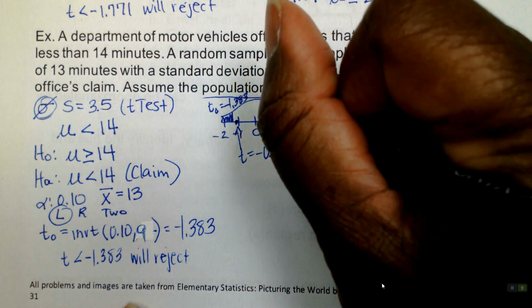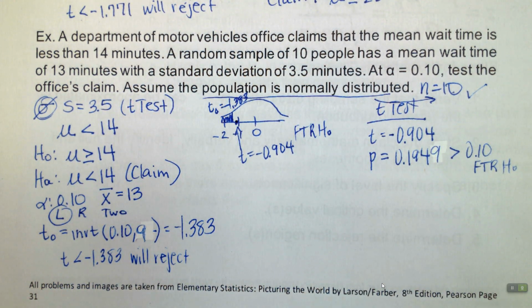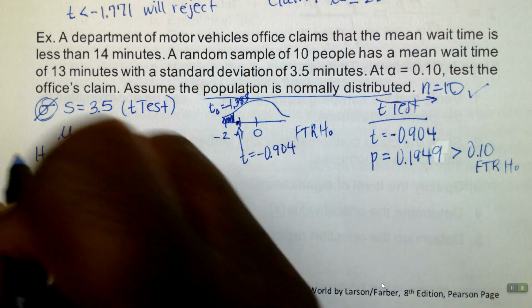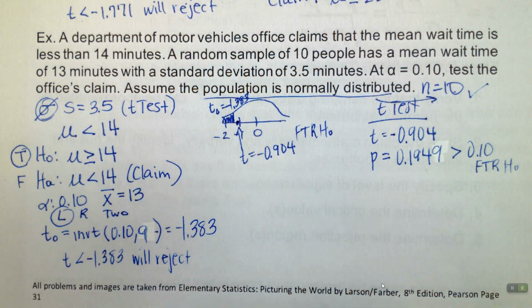That's in our fail to reject area. This means for our H0, it's true. HA is false. H0 is true. HA is false.